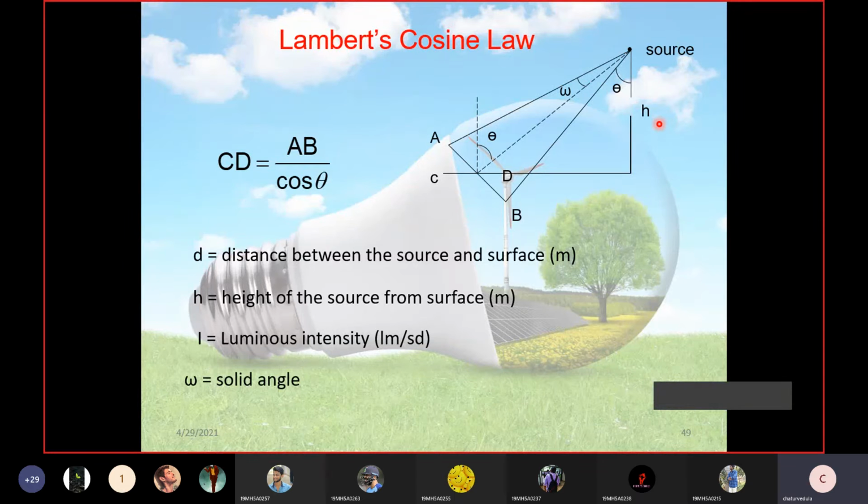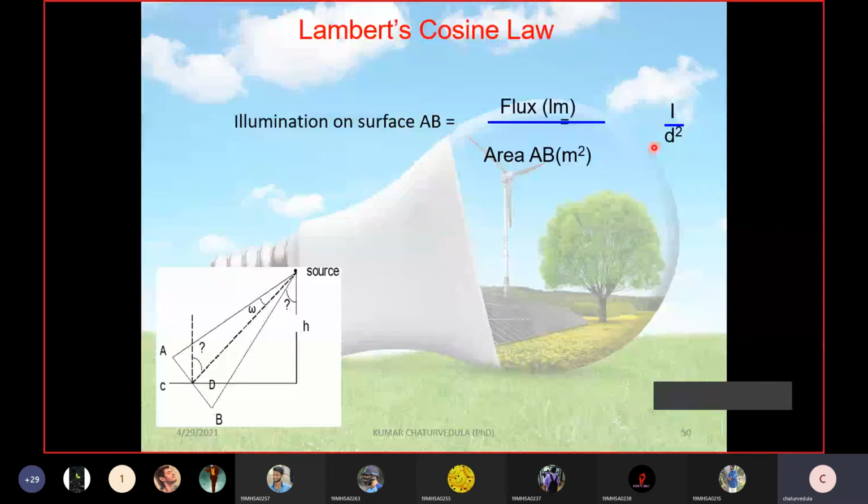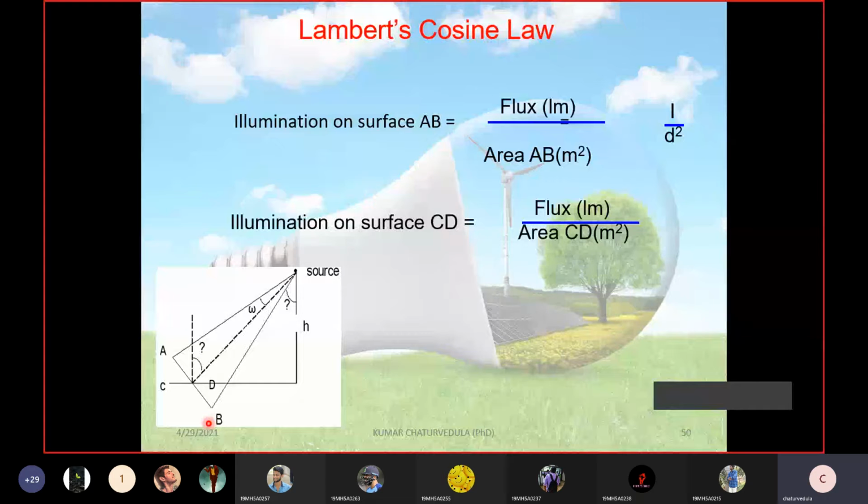Now, illumination on surface AB is equal to flux by area of AB, which is nothing but I by D square. Illumination on surface CD is equal to flux by area of CD.